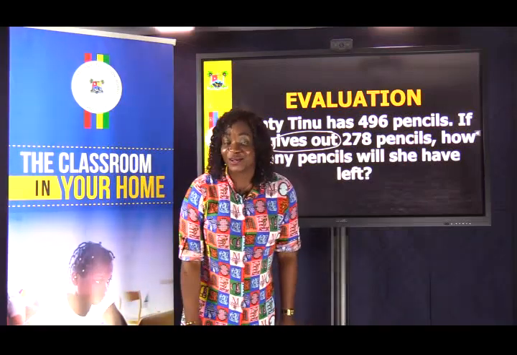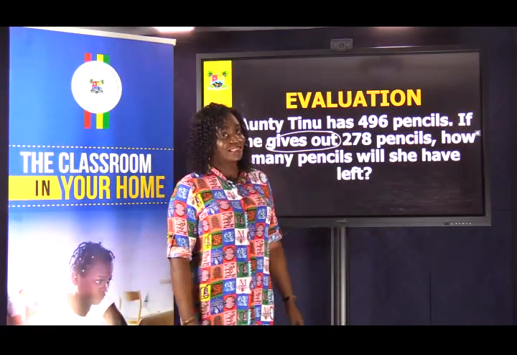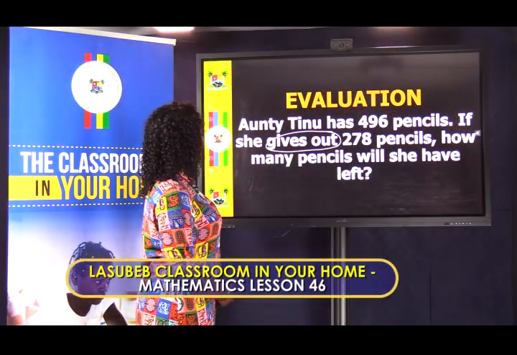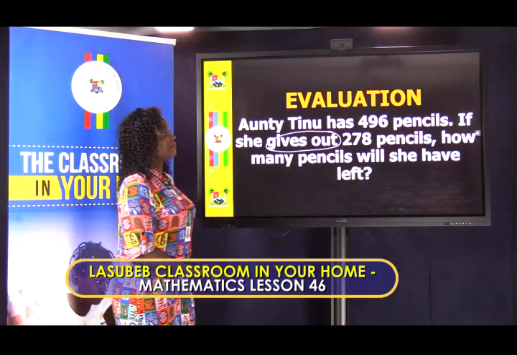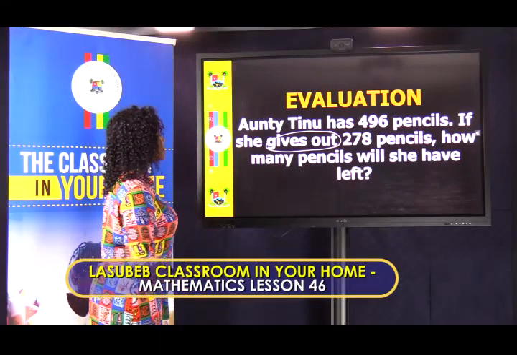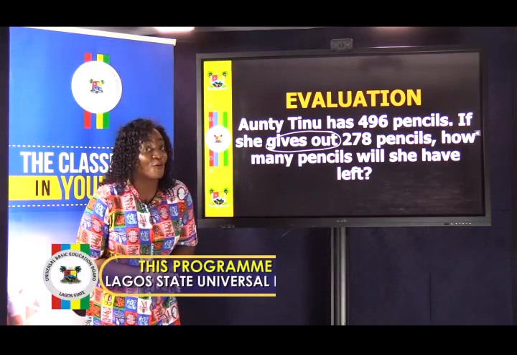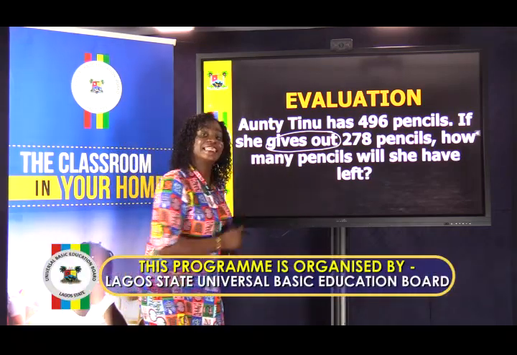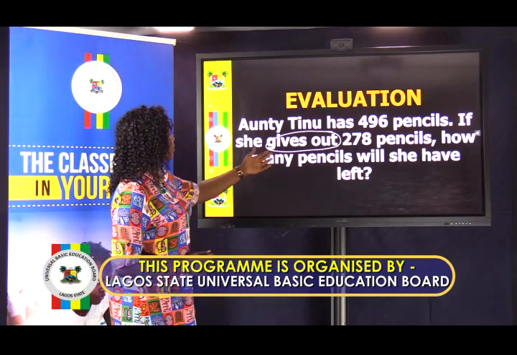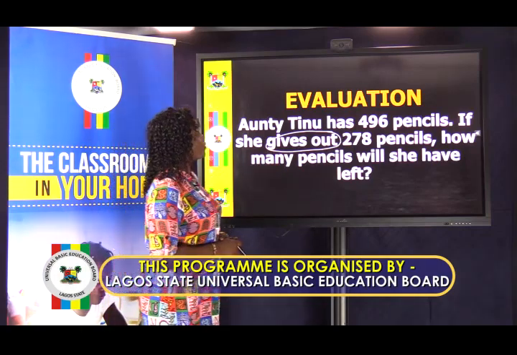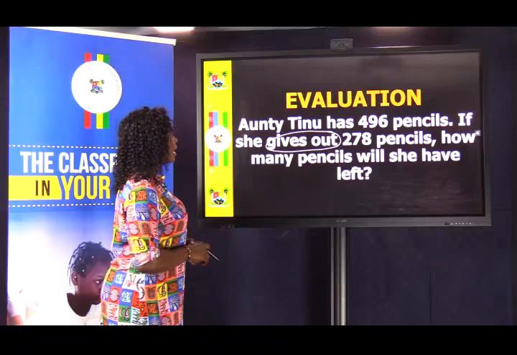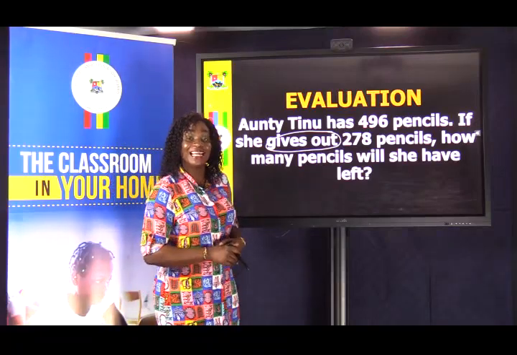Okay, pens down. It's 30 seconds and time is up. So let's read again. Auntie Tinu has 496 pencils. If she gives out, I circled give out. If she gives out 278 pencils, how many pencils will she have left?